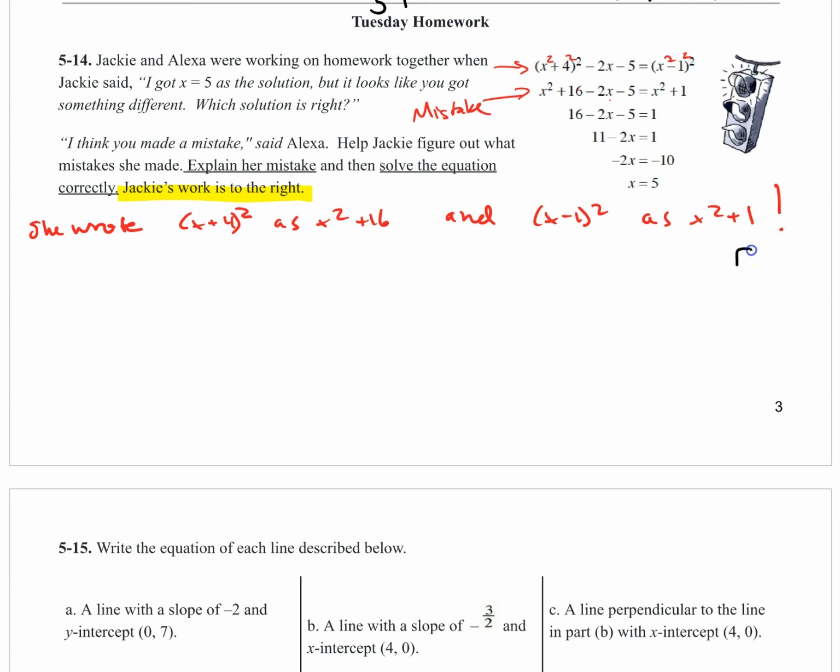Alright, and this is the fake news mistake from class. Fake news. These two things are not equal.